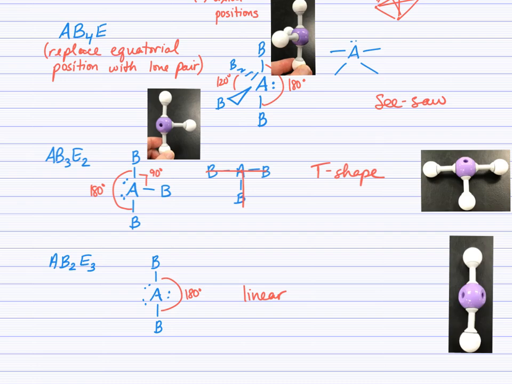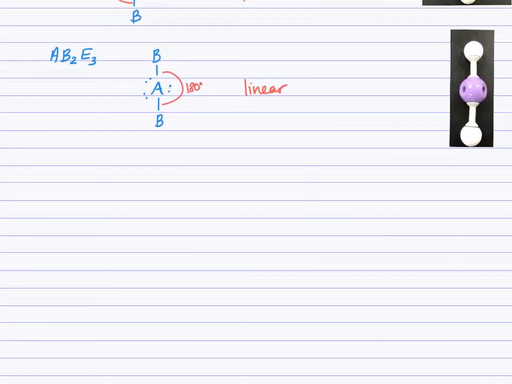Okay, very last part of the lesson then is to look at the 6 electron domains. So if we had AB6. So this is the idea of having 6 electron domains. So with 6 electron domains, we still think of the central atom like the Earth and have axial positions. And then in the equatorial, there's actually 4 equatorial positions.